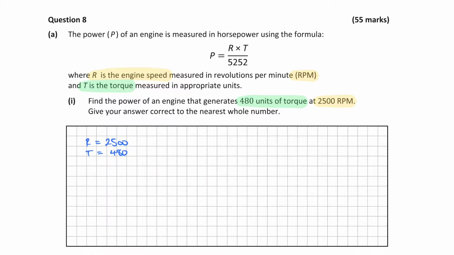Okay, so if we're going to fit in that formula, P will be equal to R, which is 2,500, all multiplied by T, which is 480, all divided by 5,252.